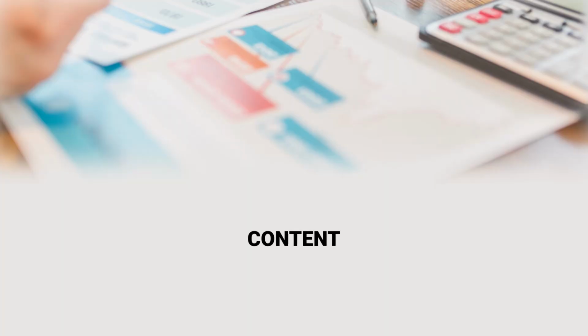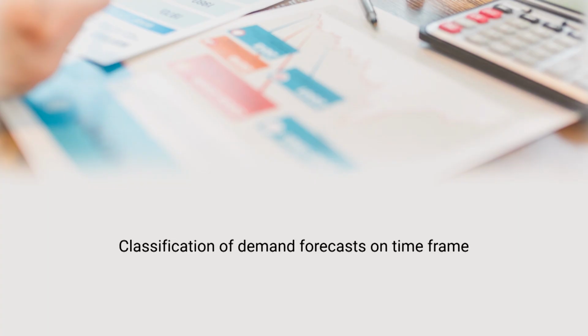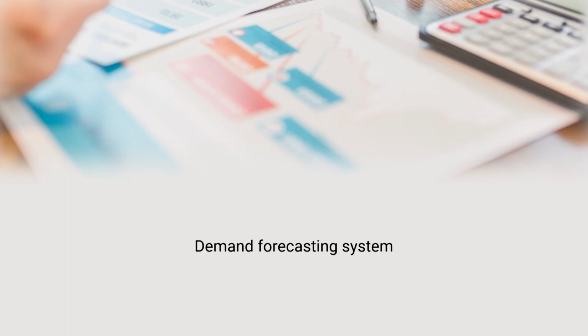The content of this unit 9: introduction, objectives, demand forecasting in supply chain, demand forecasting procedures, classification of demand forecast on time frame, demand forecasting system performance criteria, and demand forecasting methods. We have to discuss each step by step.